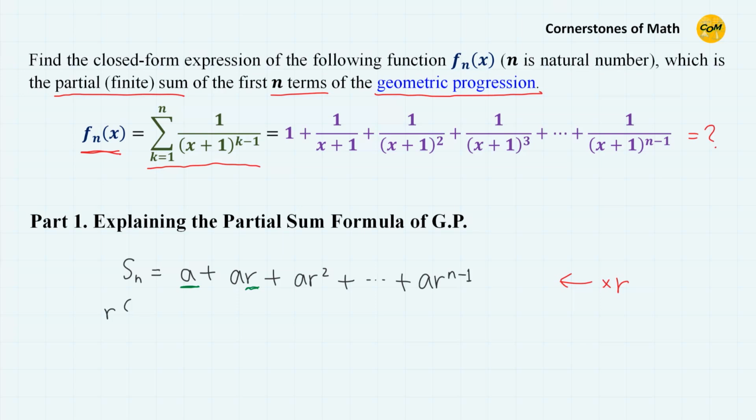Then we have r times the partial sum S_n is equal to, now this a becomes ar, so let's write it here. And this ar now becomes ar squared, and so on. So in the end, we have ar to the power of n minus 1, and we have an additional a times r to the power of n.